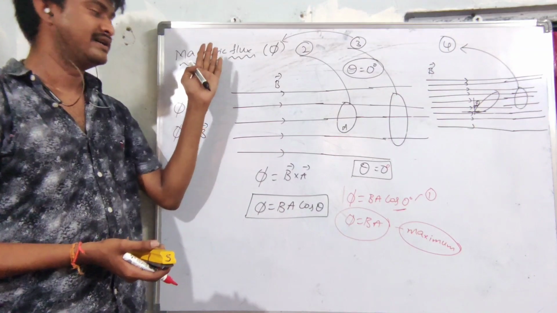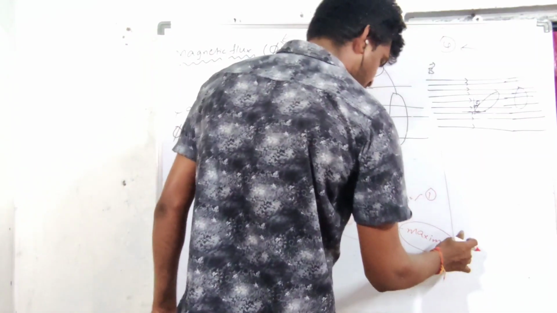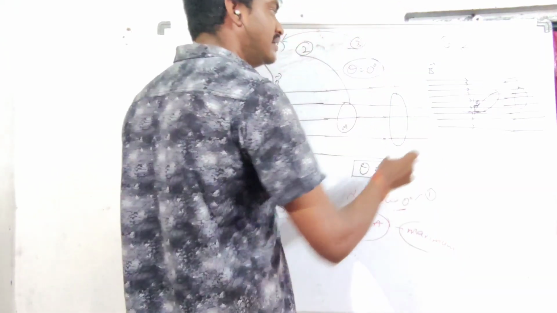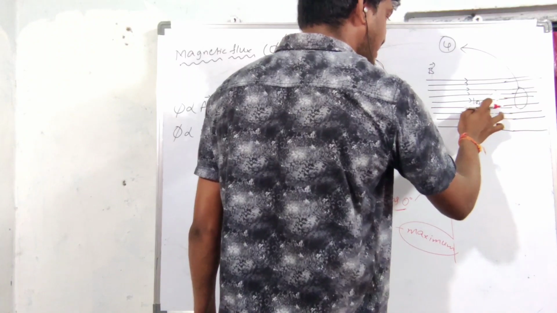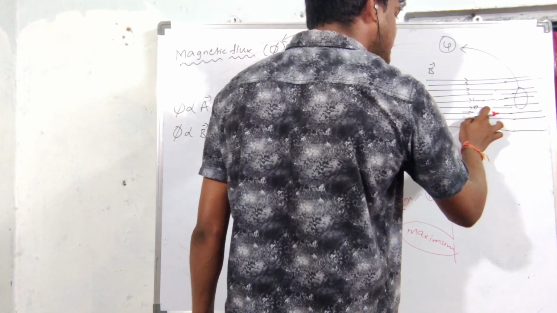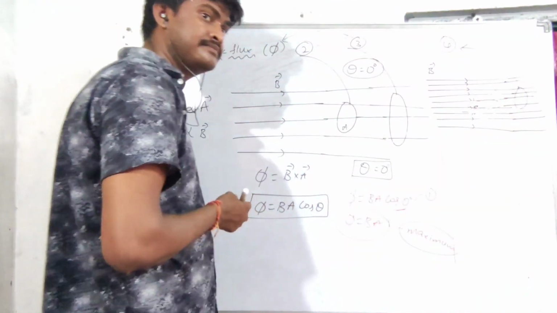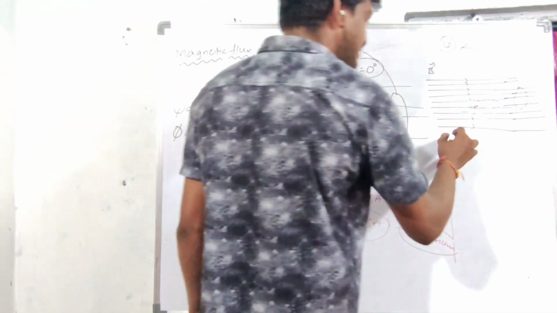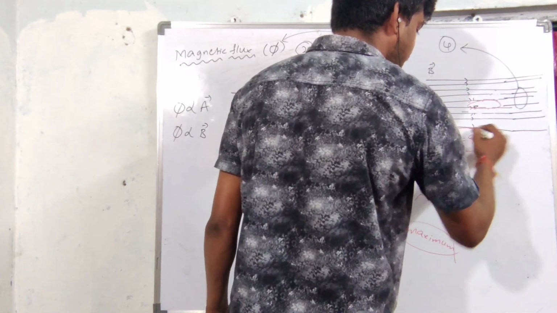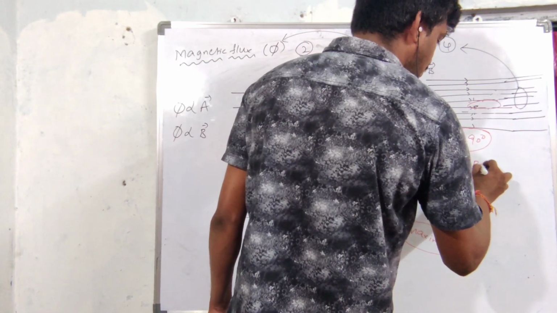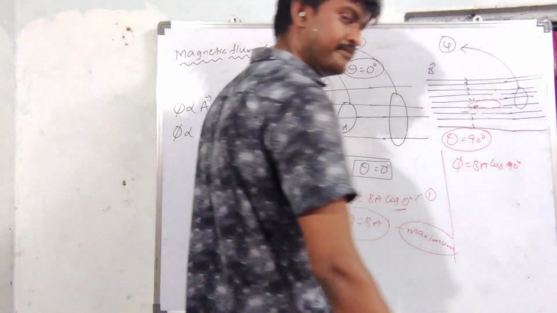Next, when is the magnetic flux minimum? No angle means maximum. If the angle is 90 degrees, theta is equal to 90 degrees, then phi is equal to BA cos 90 degrees.